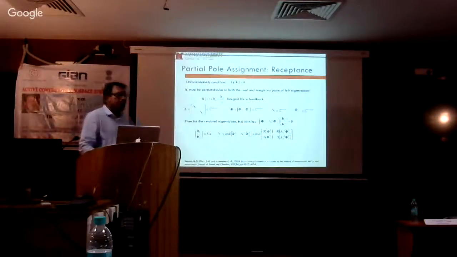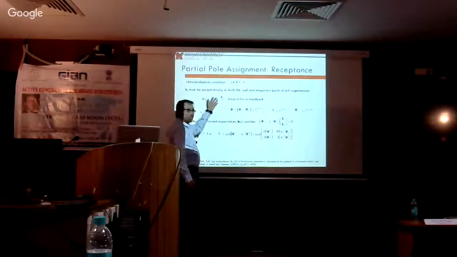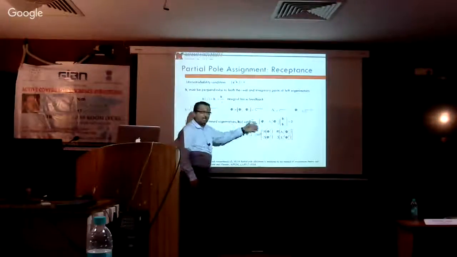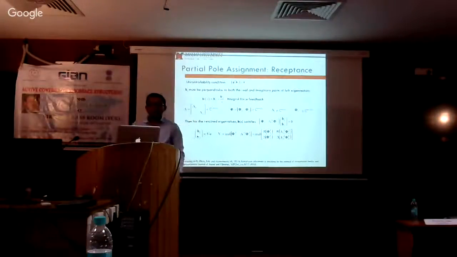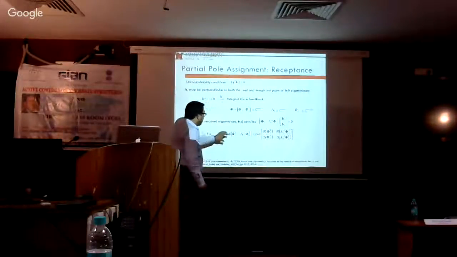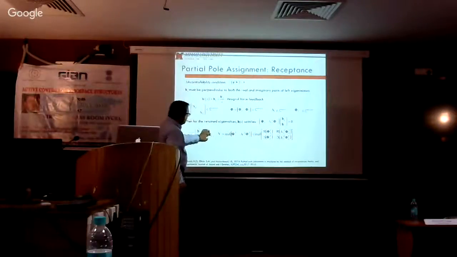So this B1 and B2 then boils down to: if I have chosen this form, how can I compute it? B1 and B2 is computed from the null space of this system, and this alpha is showing you that you have flexibility to select alpha.